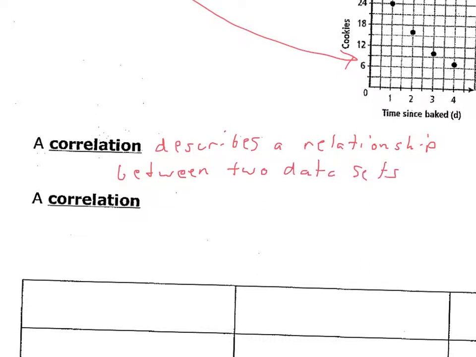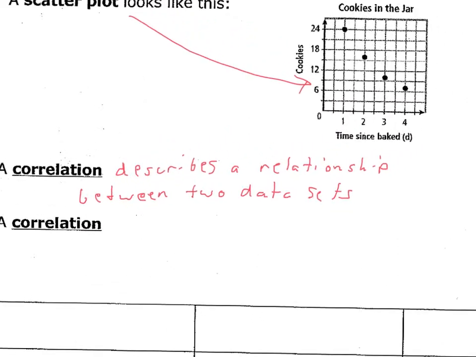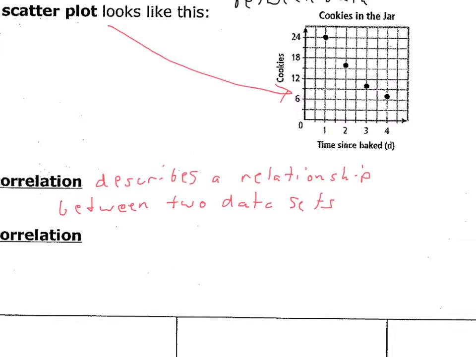So for example, on the graph above, you were comparing cookies and time since baked. Those are the two sets that it's comparing or finding the relationship of.